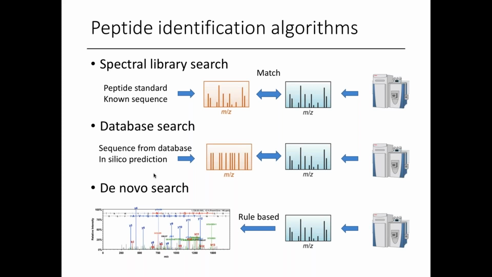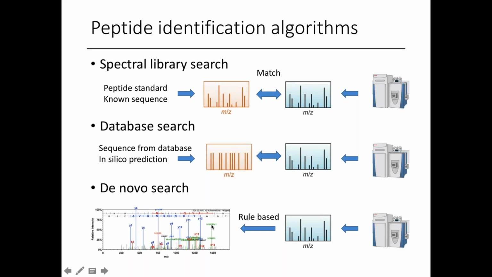The last one is the de novo search, which is shown here. De novo search is actually very different from the previous two. It is a rule-based kind of system. Once you have the acquired MS/MS spectrum, there's no need to have any prior knowledge of the database or the sequence.